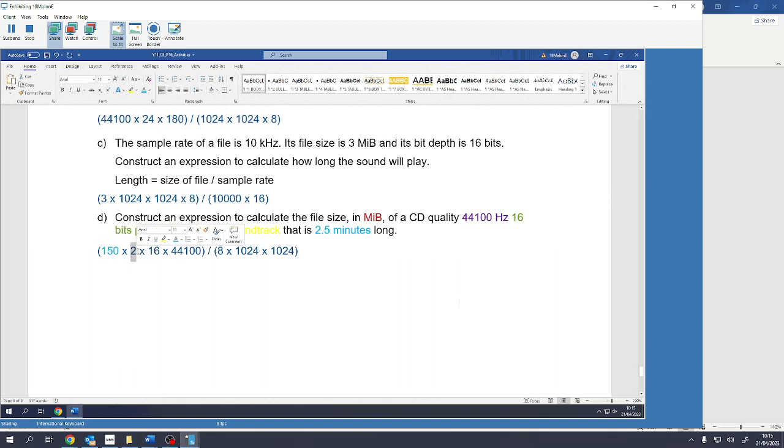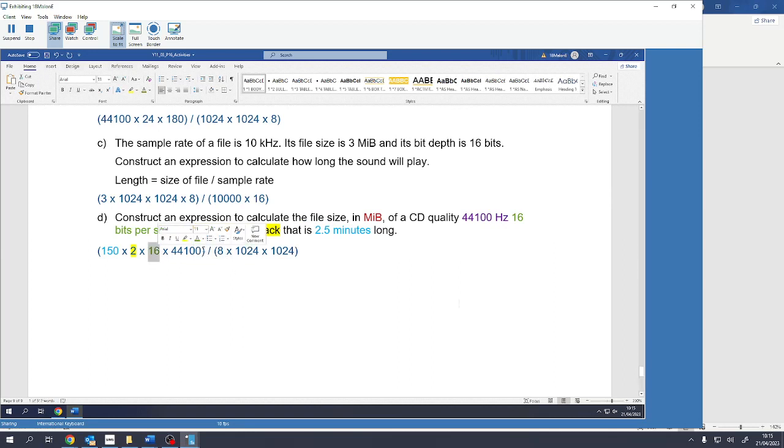Multiplied by 2, because we've got two channels, one for your left ear and one for your right ear. So that's going to go in this really unreadable yellow. Sorry about that. I'll just highlight it like that to make it clearer. Let's go black, but highlighted. 16 bits per sample. Let's make that green.